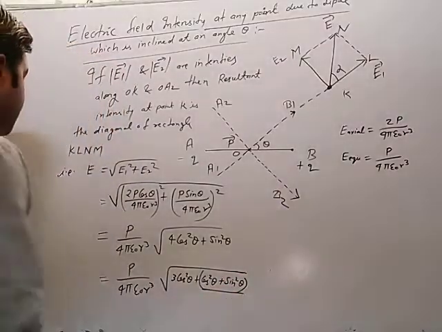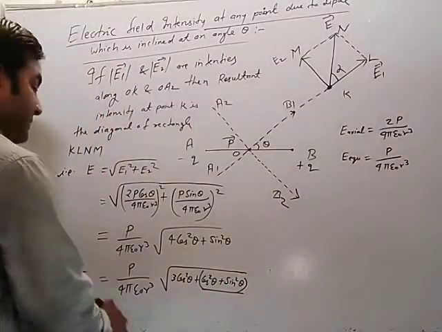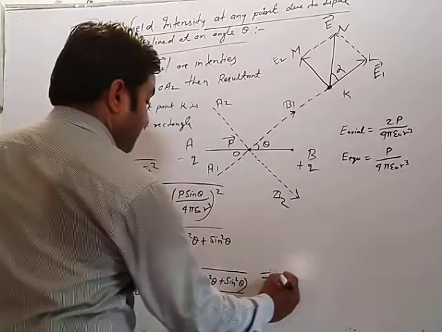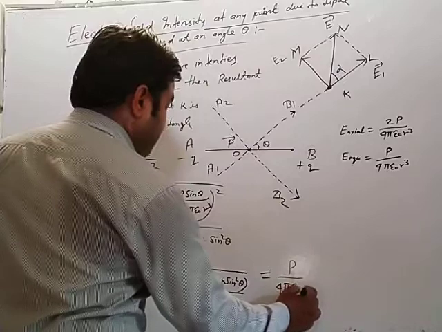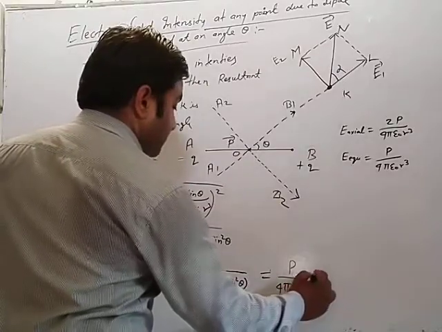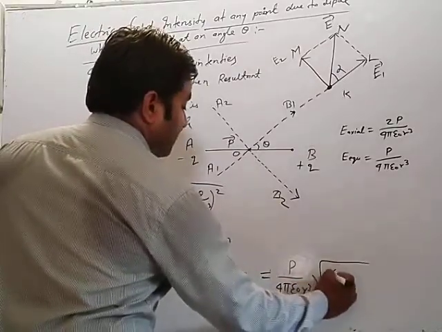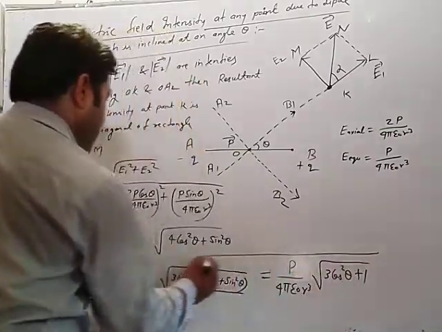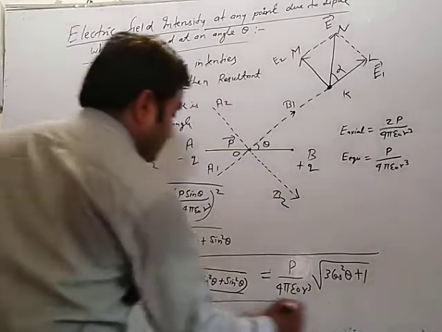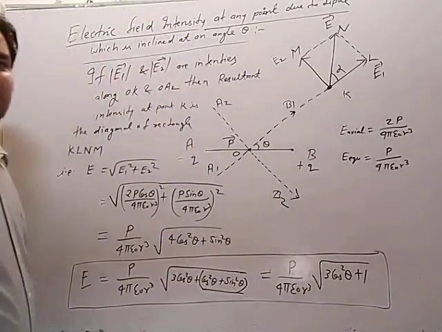So the formula will be P upon 4 pi epsilon naught r cube square root of 3 cos square theta plus 1. This is the required formula. For the direction, the formula is very easy.